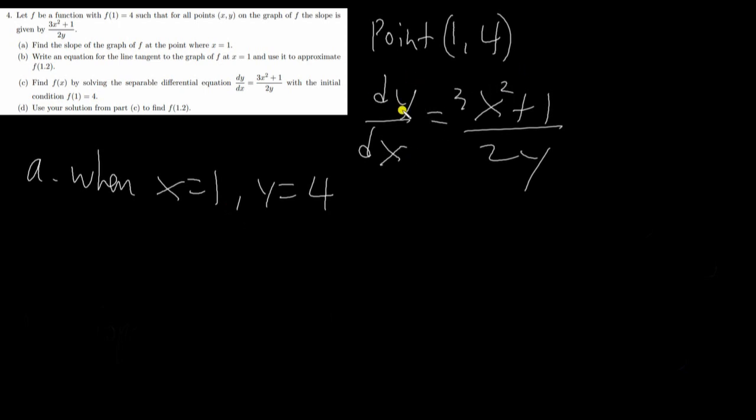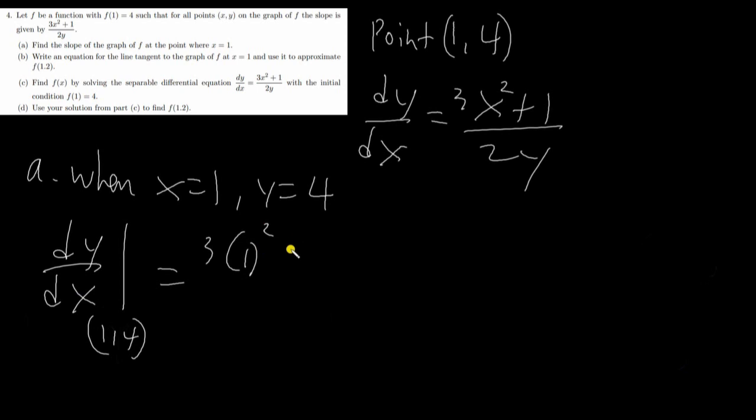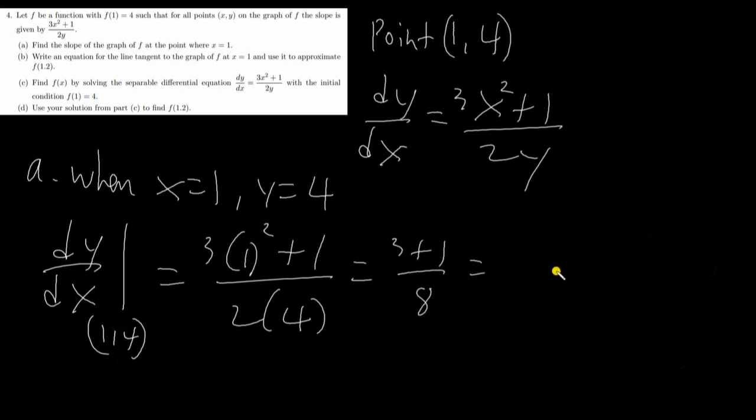So since we want to find the slope of this line at (1, 4), we can just plug in 1 and 4 into our slope formula, our derivative, and that'll give us our answer. So we want the slope of the graph at the point (1, 4), which is going to be 3 times 1 squared plus 1 over 2 times 4, which is 3 plus 1/8. And in this part A, you get 1 point for your correct answer.